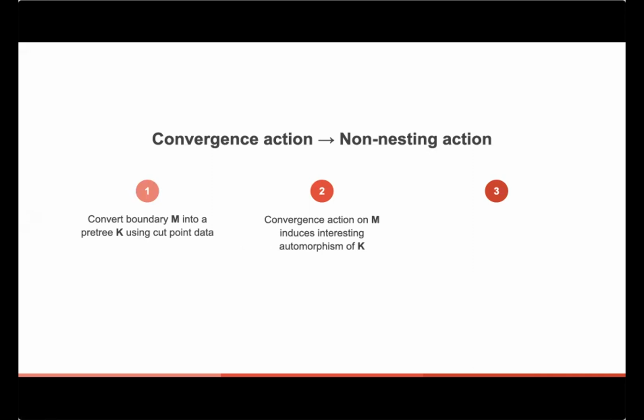the main theorem. One of the very simple but beautiful things that were part of these dynamical properties is that these automorphisms are non-nesting in the interior of the pre-tree. Interior means you just throw away the terminal points, and whatever is left is interior.